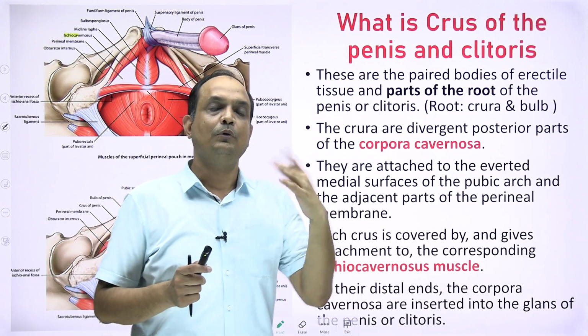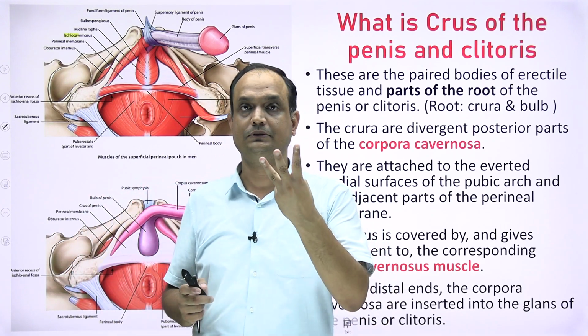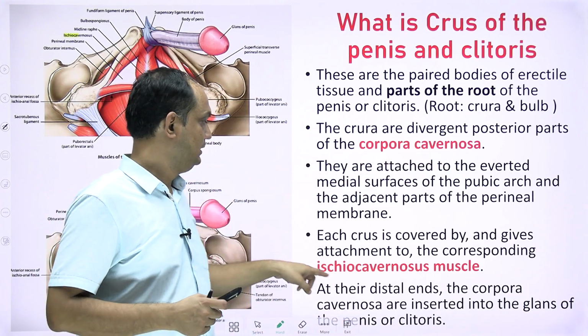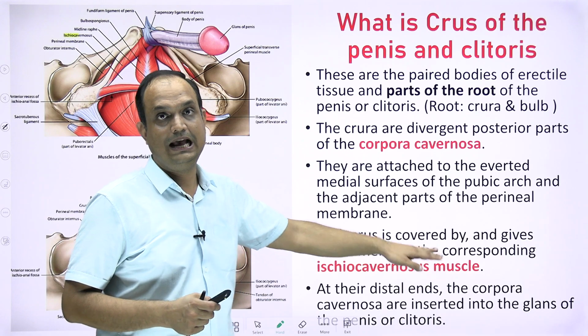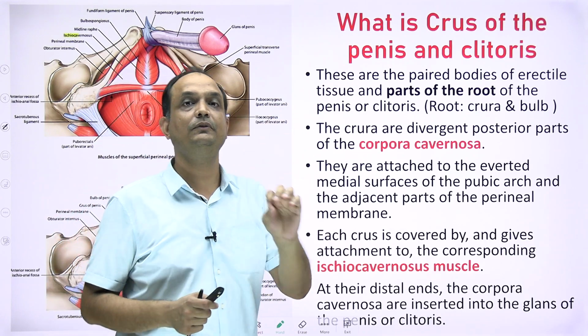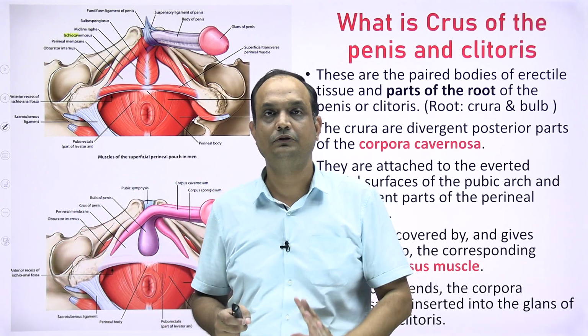Most students have confusion between three terms. What are these three terms? Corpora cavernosa, ischiocavernosus and crus of the penis. These three terms should be very clear in your mind whenever you are reading the muscles of the superficial pouch.